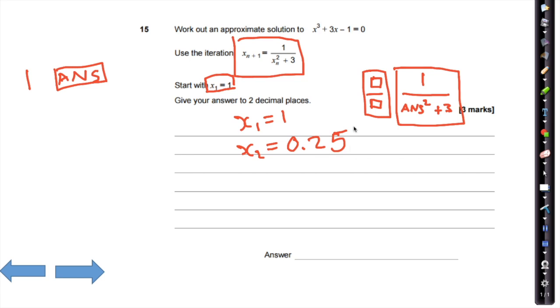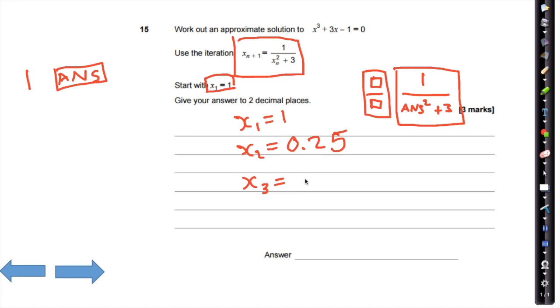If you press equals again, as ANS is now stored as 0.25, it will give you the next iteration. You don't have to type in the whole equation all over again with 0.25 as the previous number, so we don't have to put 1 over 0.25 squared plus 3.